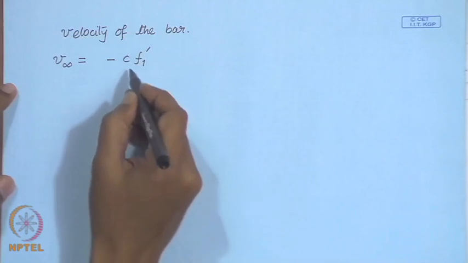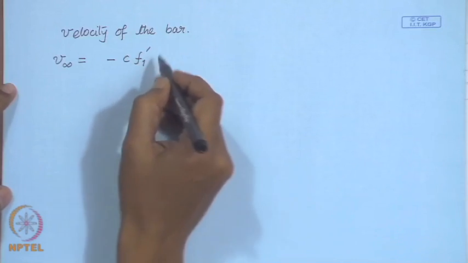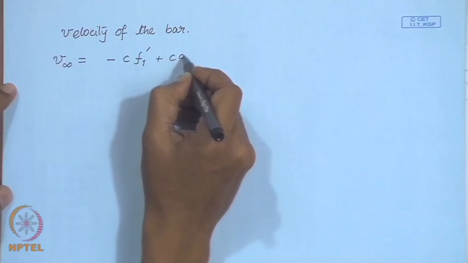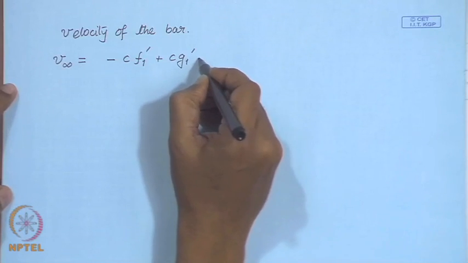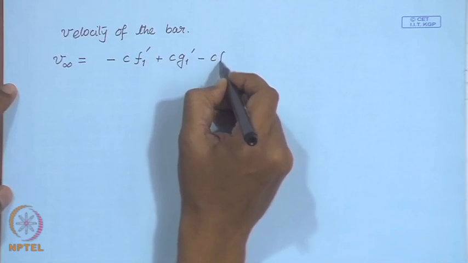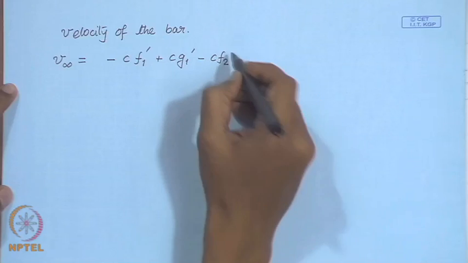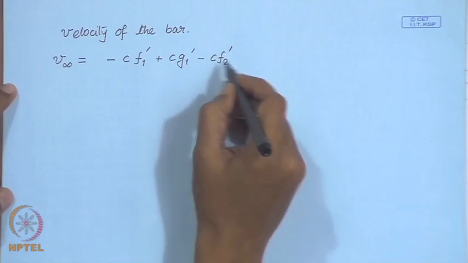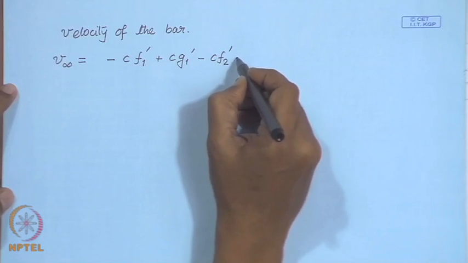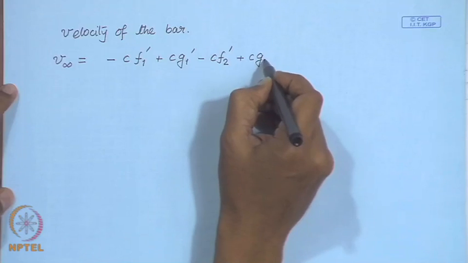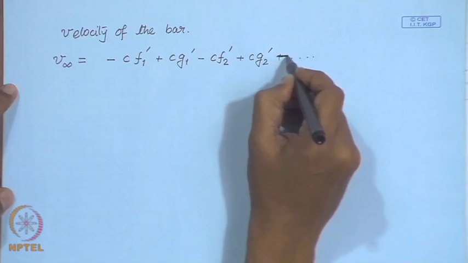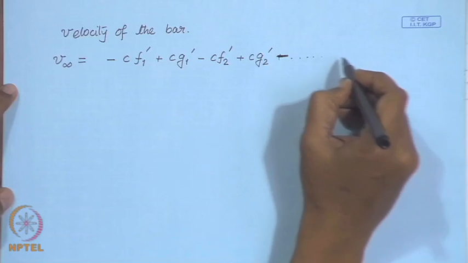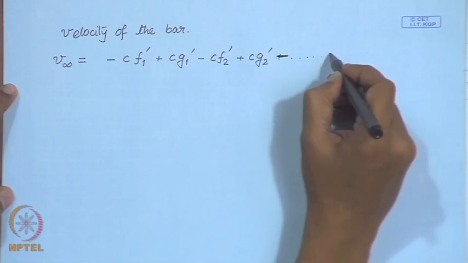As we find, velocity is negative c of f 1 prime plus c g 1 prime, this is what we have discussed. For every right propagating wave there is going to be a coefficient minus c. So, here there will be minus, like this.